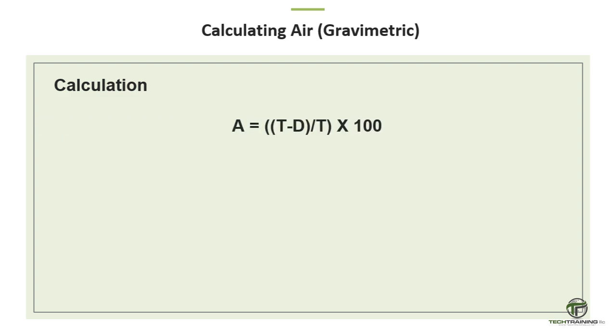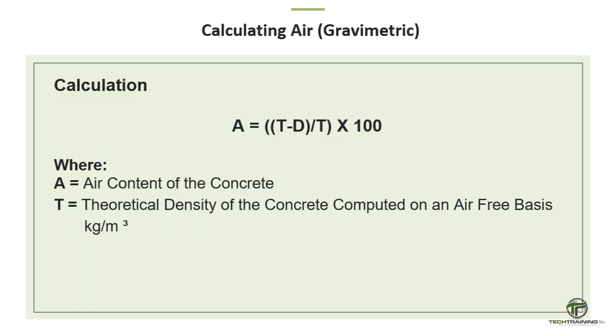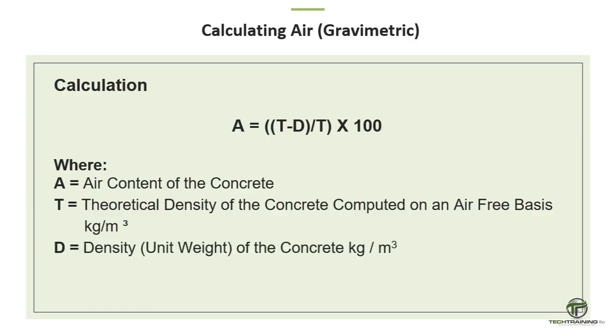Here, the equation is A equals T minus D divided by T times 100, where A is the air content of the concrete. T is the theoretical density of the concrete computed on an air-free basis in kilograms per cubic meter, and D is the density or unit weight of the concrete. So here, our theoretical unit weight is 2,234 kilograms per cubic meter.